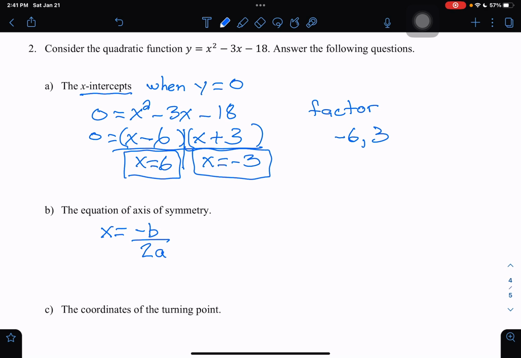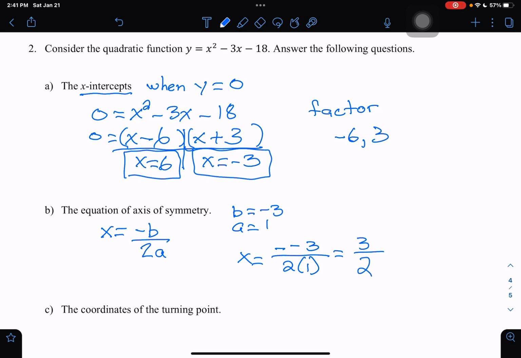So for this equation, b is equal to negative 3, and a is equal to 1. So x is equal to negative negative 3 over 2 times 1, which is equal to 3 over 2.